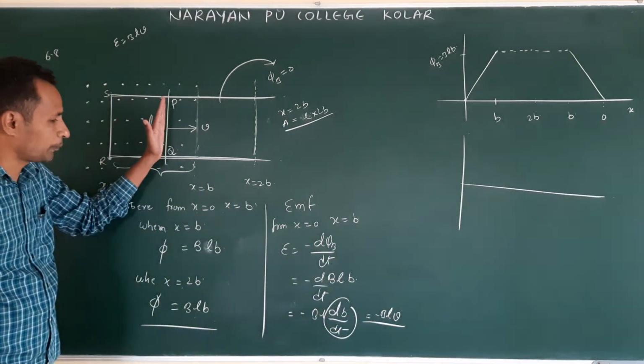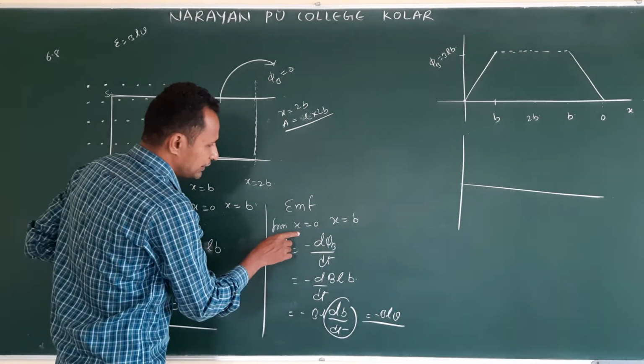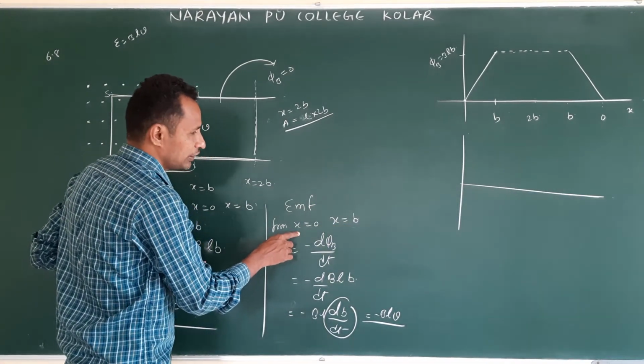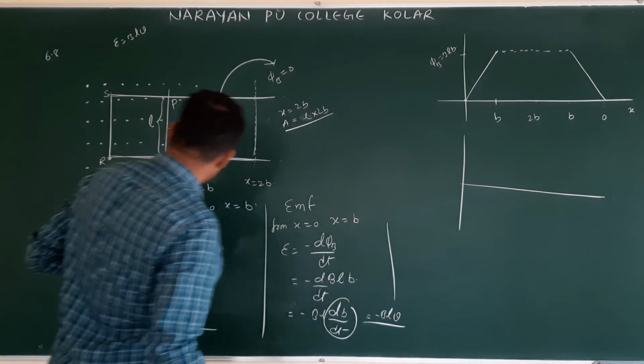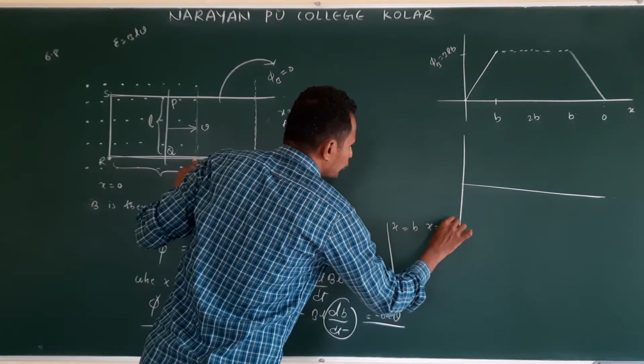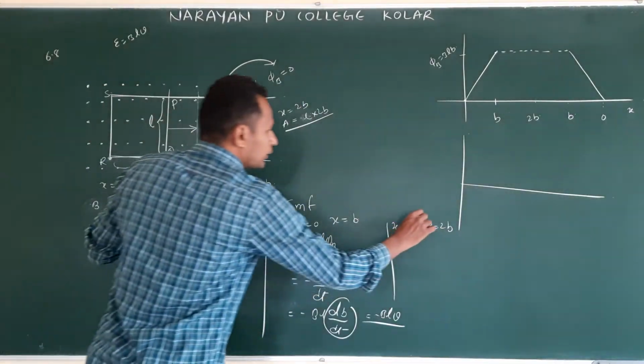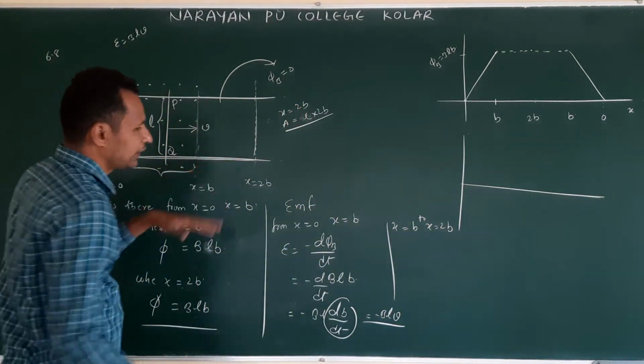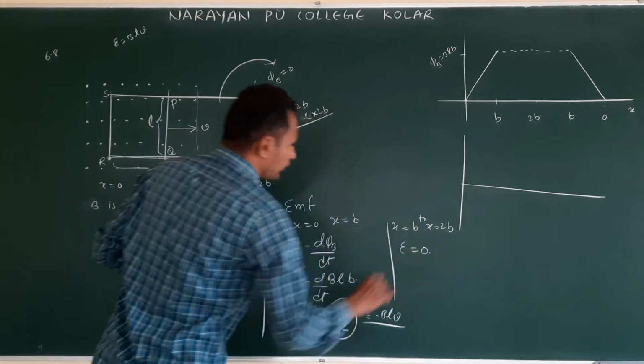That is for the region x equal to 0 to x equal to b. The next region is x equal to b to x equal to 2b. In this region the magnetic field is not there, so EMF is 0.